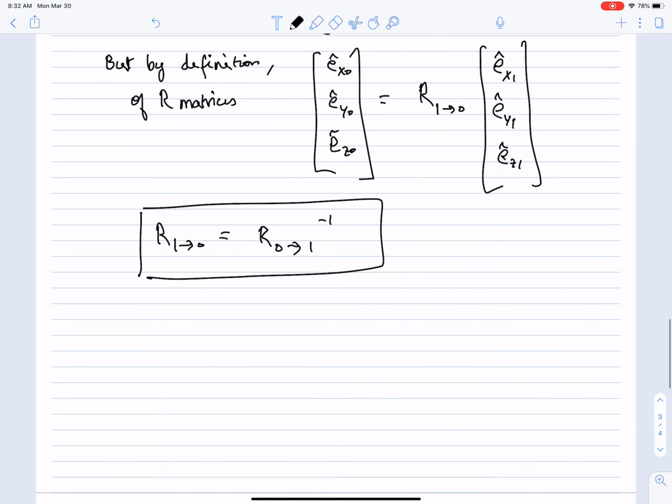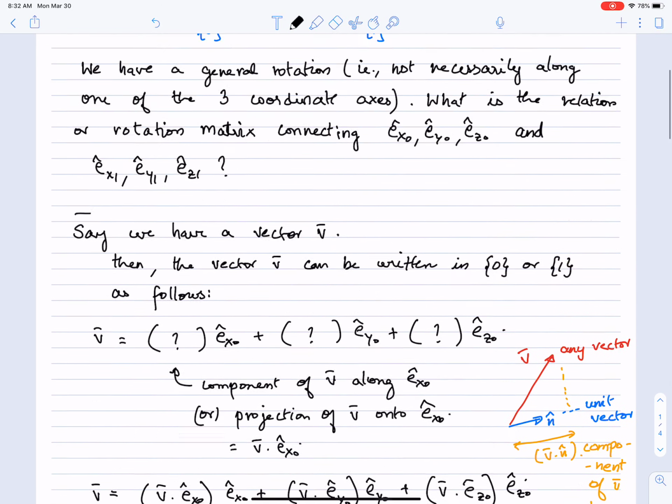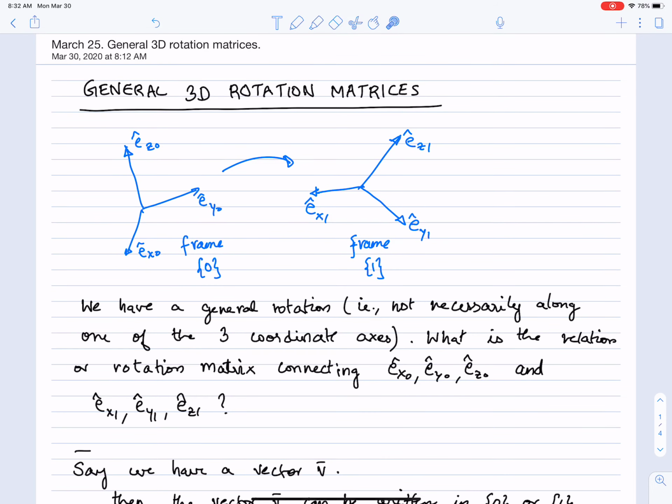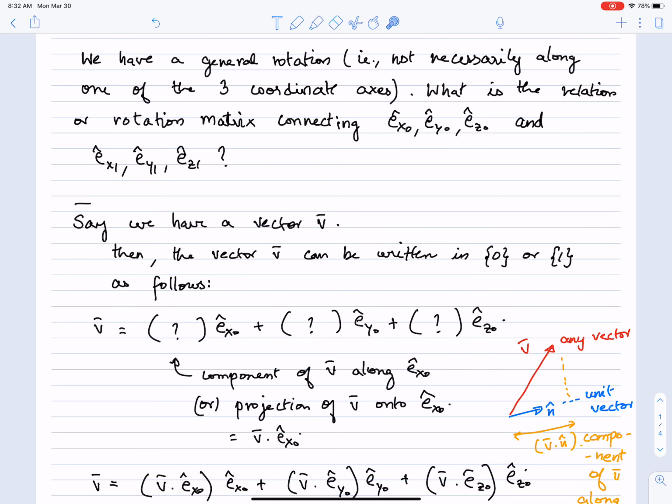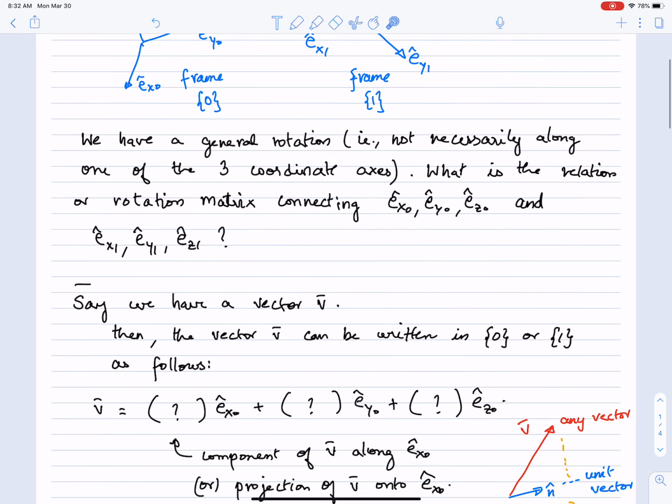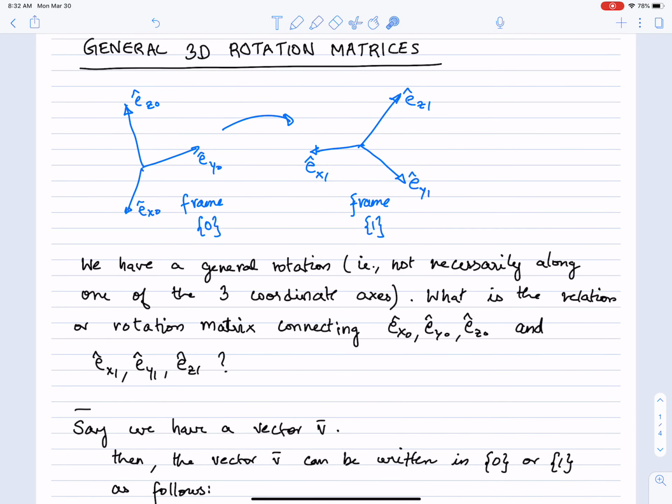Okay, so what have we done? Very quickly, we just defined the notion of a general 3D rotation matrix. We wanted a rotation matrix that related some set of unit vectors to some other set of mutually orthogonal unit vectors.